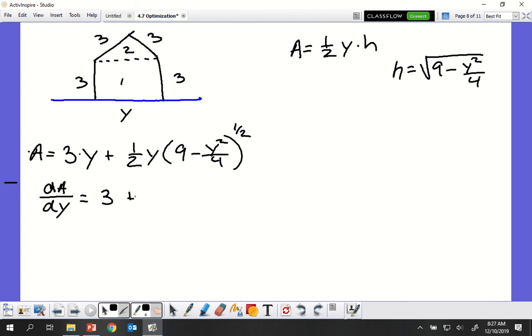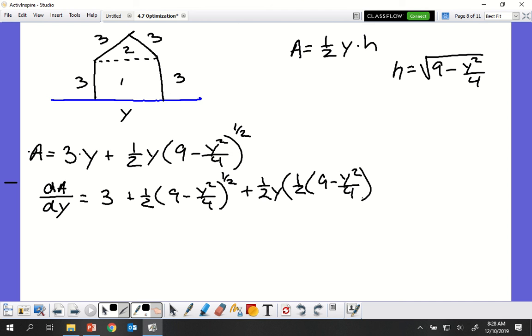Now it's going to be plus 1/2 quantity 9 minus y squared over 4 to the 1/2, plus, now I'm going to have a chain rule on this second one, 1/2 y, and now the chain rule, so it's going to be 1/2 of 9 minus y squared over 4 to the negative 1/2, times the derivative of the inside, negative 1/2 y, because it's going to be 2y over 4, which is going to be negative y over 2.